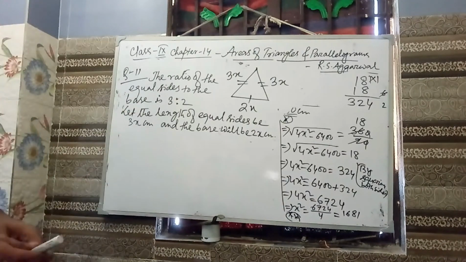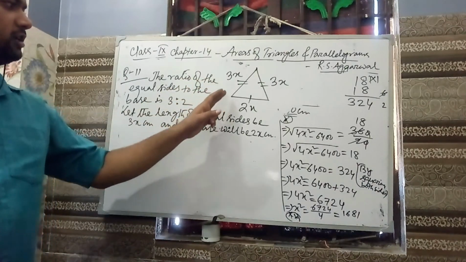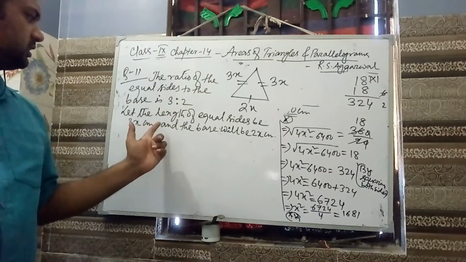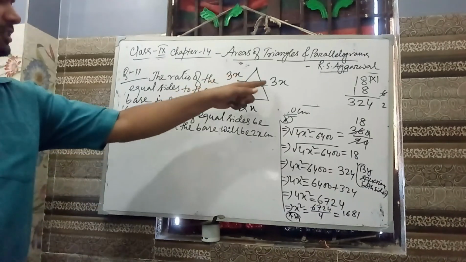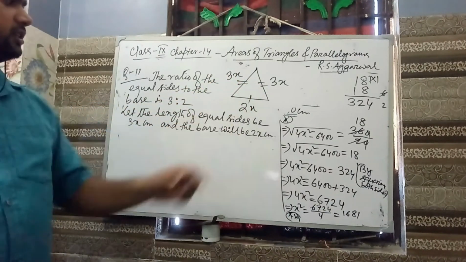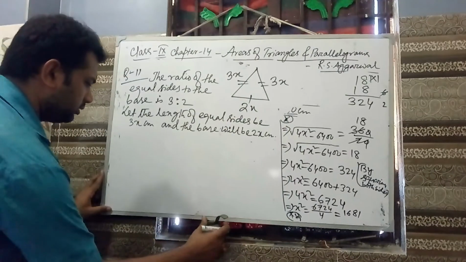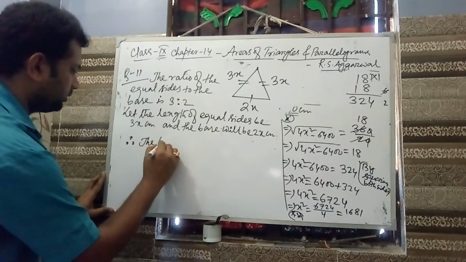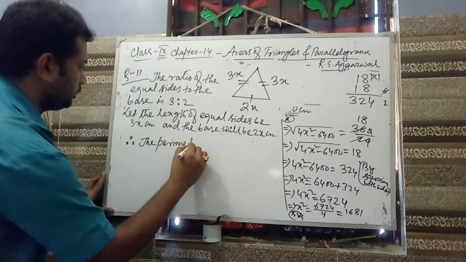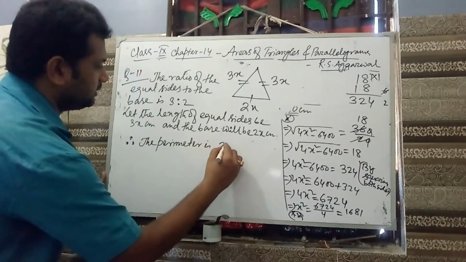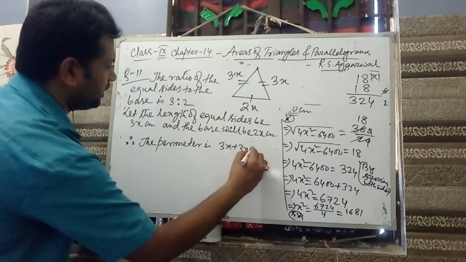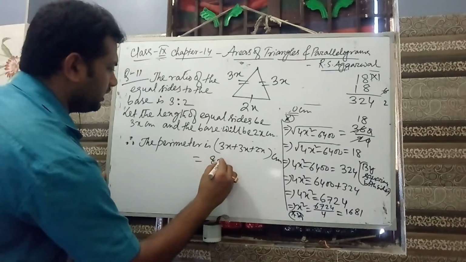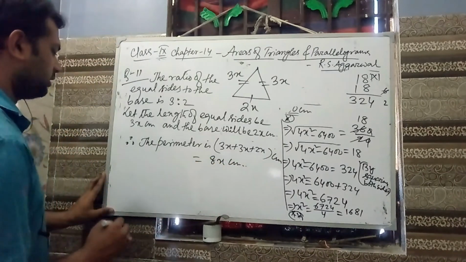Equal sides and the unequal side, that is the base, are in ratio 3:2. We have considered the equal sides as 3x and the base 2x centimeter. Therefore, the perimeter is 3x plus 3x plus 2x centimeter, that is 8x centimeter.